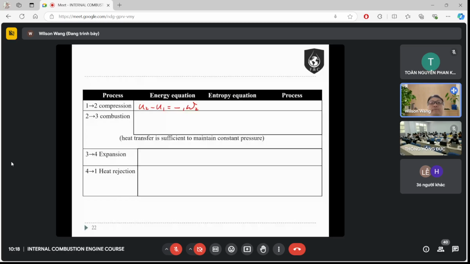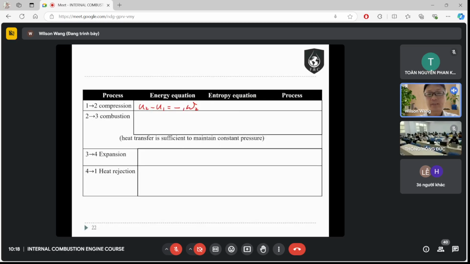We have a negative because when the volume is expanded, it will produce work. But when we compress, it's a different direction. It seems like we're giving work to compress, so we make the work a negative term.